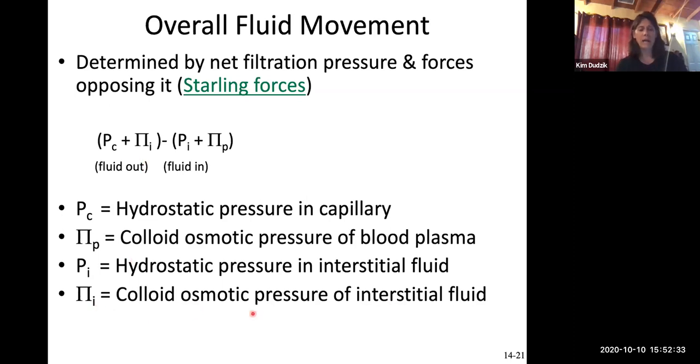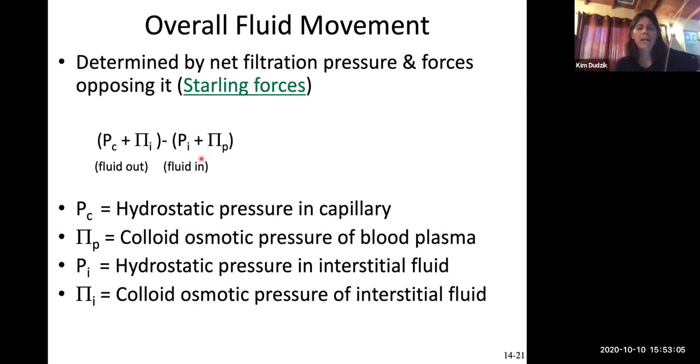That would imply that making the interstitial fluid more hypertonic, water would want to move toward it. That would influence the fluid out. Again, we're going to put a number, and we're going to see that's basically zero. Those forces that want to draw fluid back into the capillary include the hydrostatic pressure of the interstitial fluid, right? Pushing in. That's the fluid outside pressing against the outside of the capillary walls, wanting to move in.